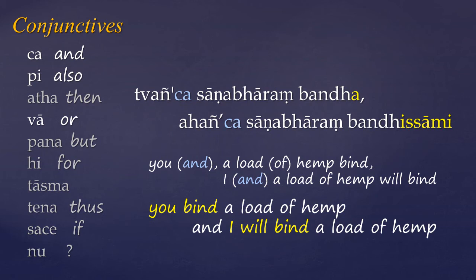This example actually has a couple of interesting features. Notice that the niggahita of tvam and aham becomes palatalized before ka, and the verb bandha is actually in its bare stem form, which for A-stem verbs makes it a second-person imperative, thus creating an instruction, you bind.